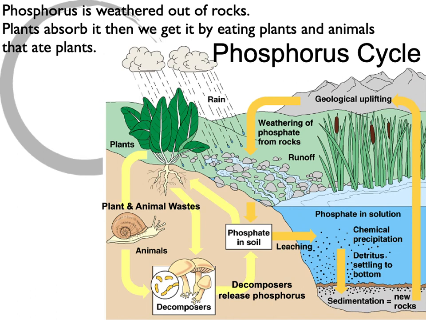And when they weather away and erode, the phosphorus dissolves out of the rocks and washes into the oceans, into the lakes, into the soil, where plants can then pick that up and use it. And then as they decompose, the decomposers also release it, and the animals that eat the plants can use it. But the unique thing about the phosphorus cycle is that it relies on rocks. Part of the time, phosphorus is in rocks.